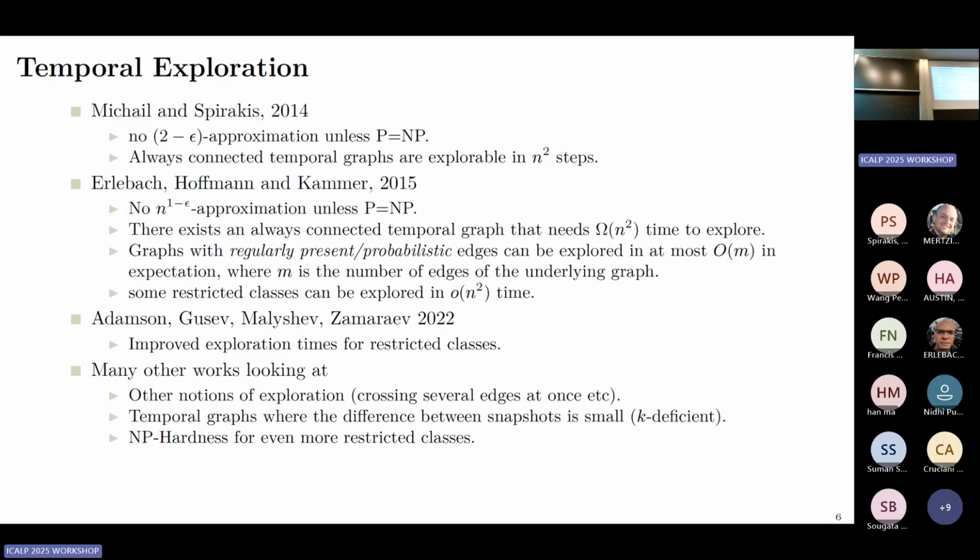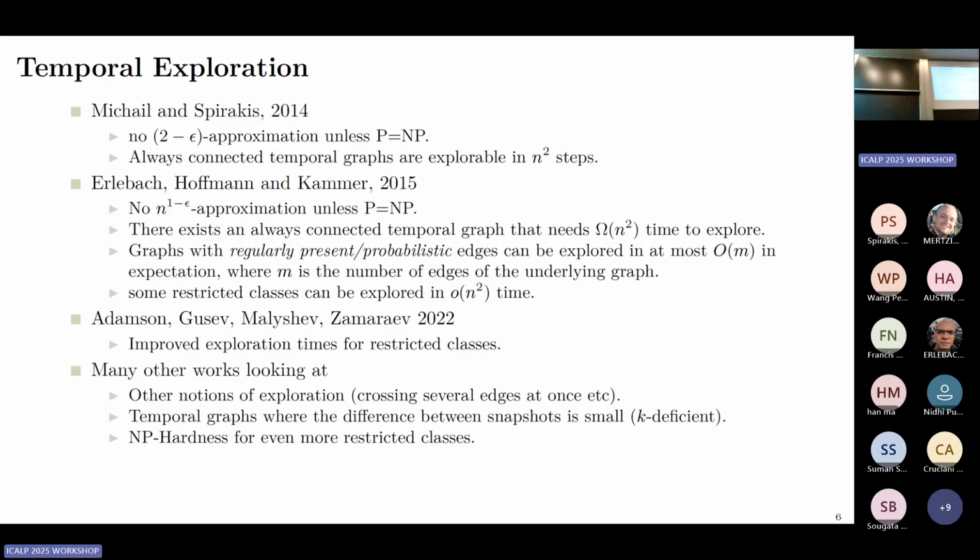And then later there has been a bit more work on finding restrictions on the graph so that you don't have this n-squared lower bound. Because if you need n-squared snapshots to explore the graph, this is kind of annoying. So there have been restrictions, like restricting the graph to planar, or restricting the number of edges, or restricting the tree width, or something like this.